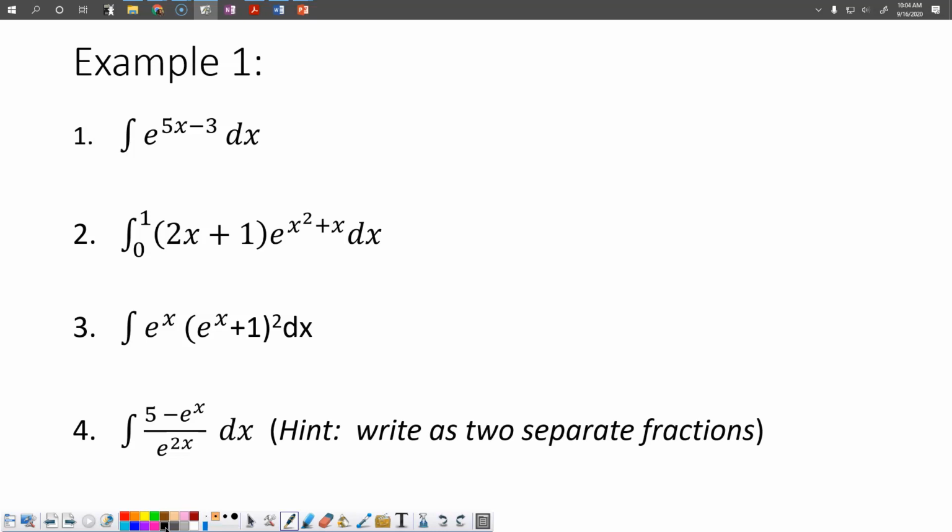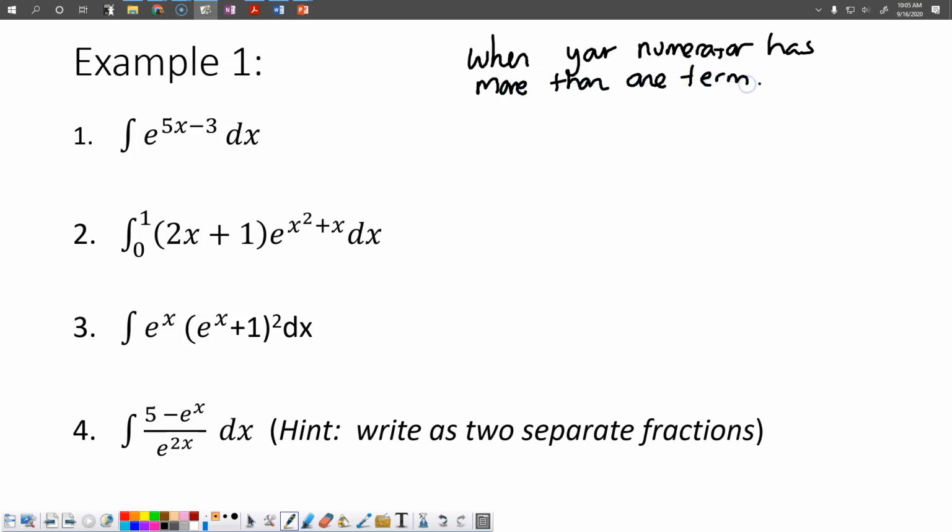So when your numerator has more than one term, you may use this strategy.